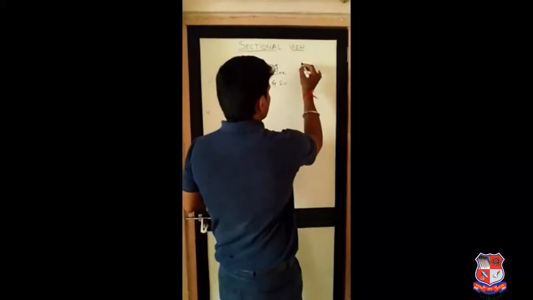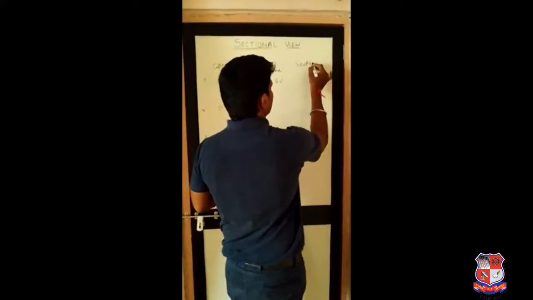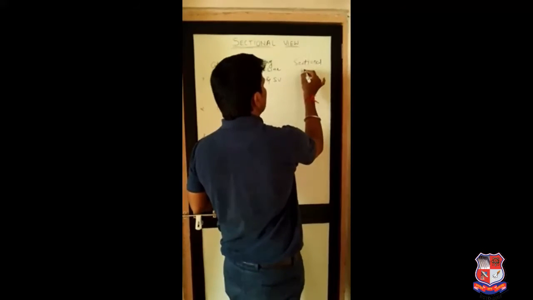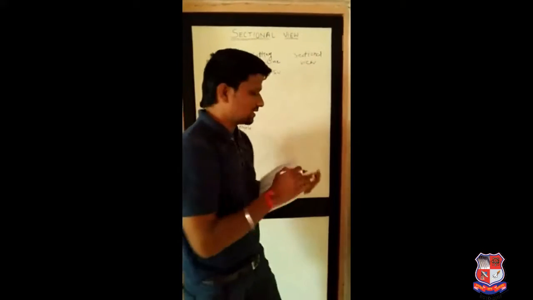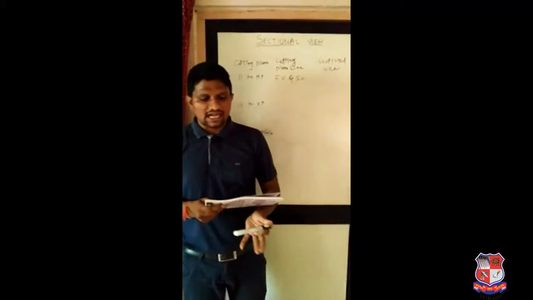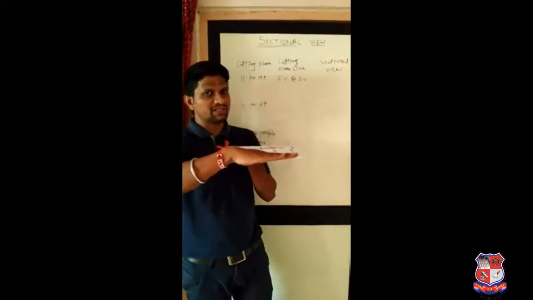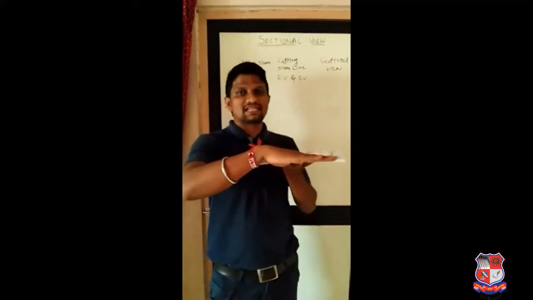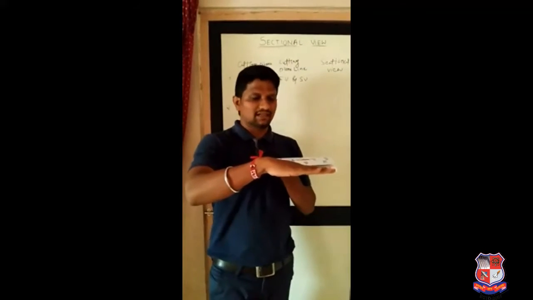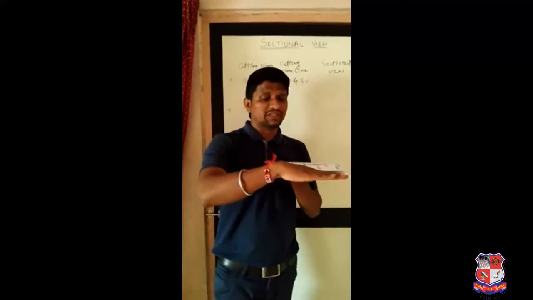Now, the third thing is the most important one. What kind of sectional view are you going to obtain? That is the important thing. After cutting the object with a cutting plane parallel to the horizontal plane, which kind of sectional view will you obtain?